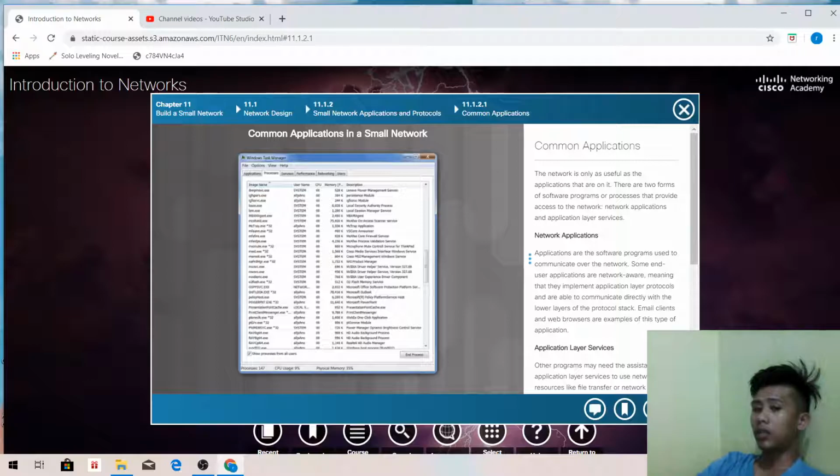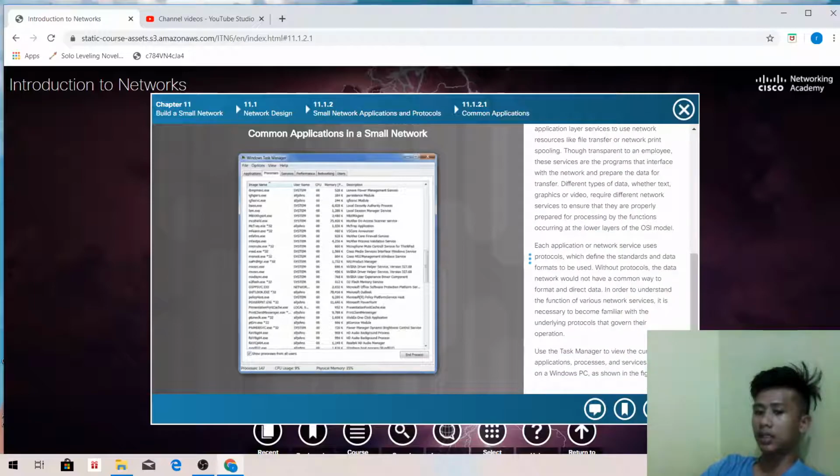Common applications: the network applications and the application layer services.